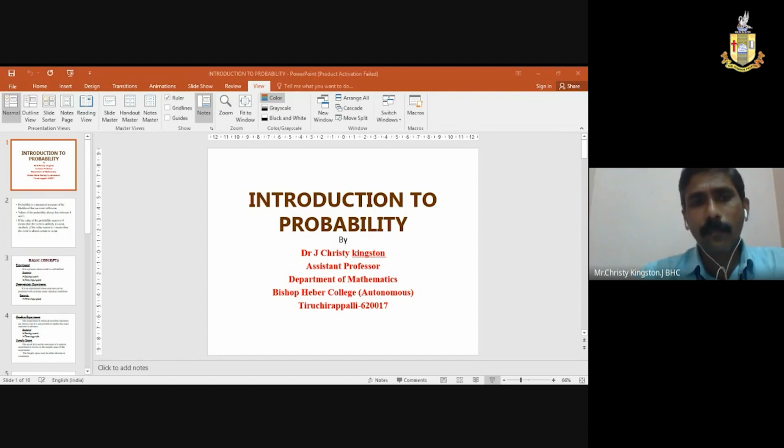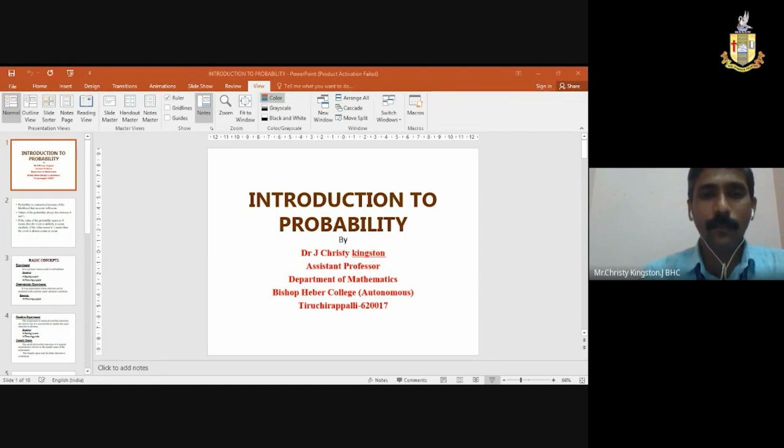Here the value of the probability always lies between 0 to 1. Here, what is 0 and what is 1? If the value of the probability is nearer to 0, suppose the value is 0.123, then the event is unlikely to occur.